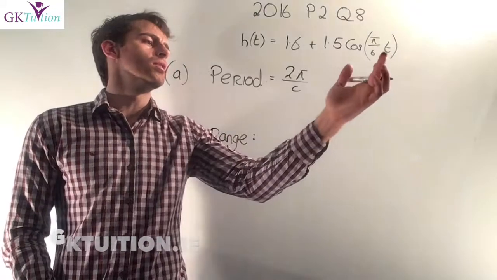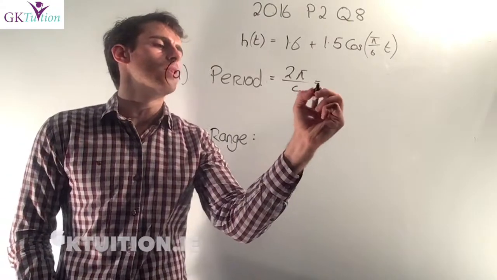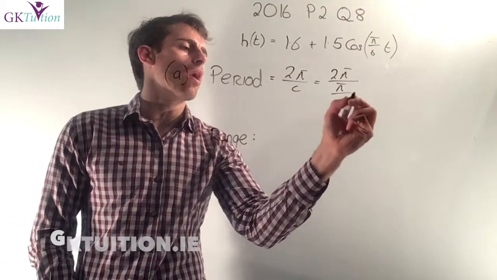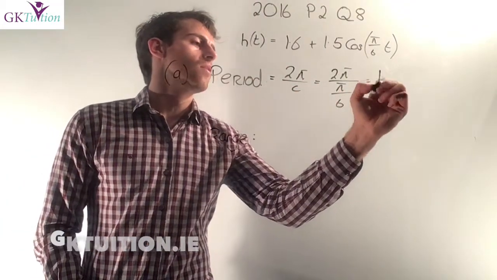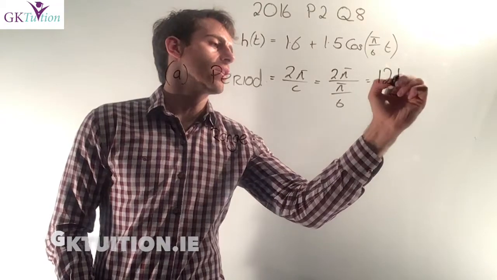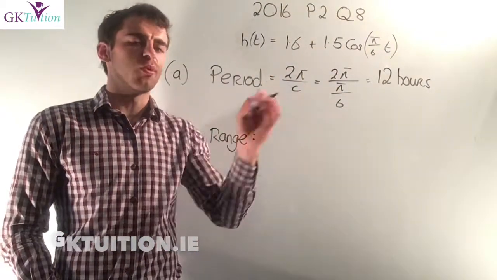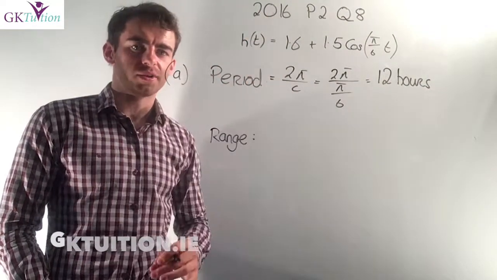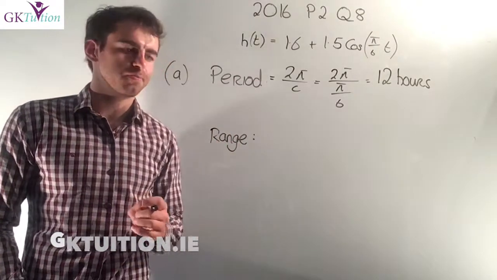So in this case, my coefficient in front of t is pi over 6, which means my period is 2 pi divided by pi over 6. If you plug that into your calculator, you're going to get 12. And t is measured in hours, so it's 12 hours. So I know that high tide occurs every 12 hours, or in other words, that the tide replicates itself every 12 hours.